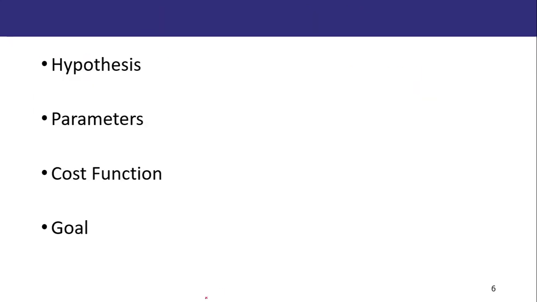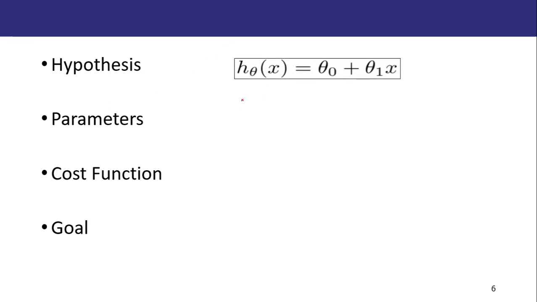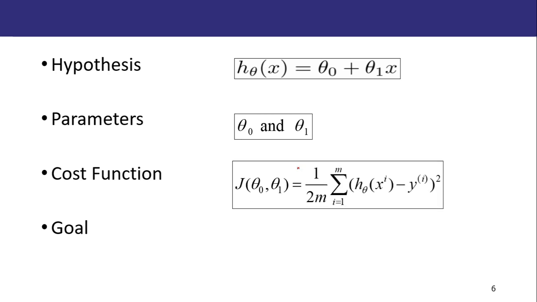Okay, fine. Now let us summarize the expressions that we have. The hypothesis is h theta x equal to theta 0 plus theta 1 x. The parameters are theta 0 and theta 1. The cost function is J of theta 0, theta 1 equal to 1 divided by 2m, summation over i equal to 1 to m, of (h theta xi minus yi) squared.